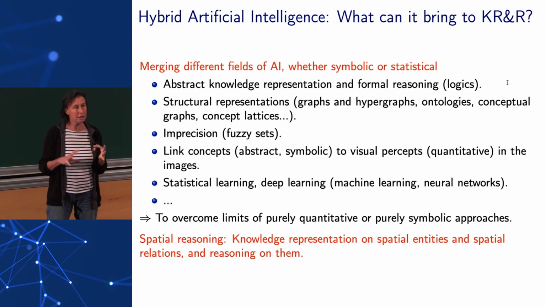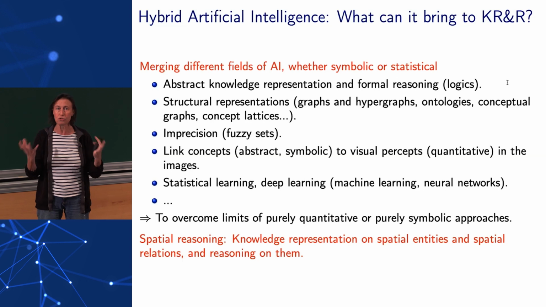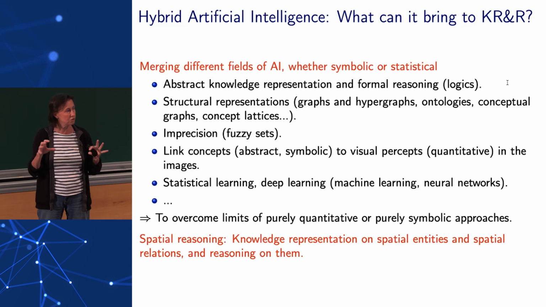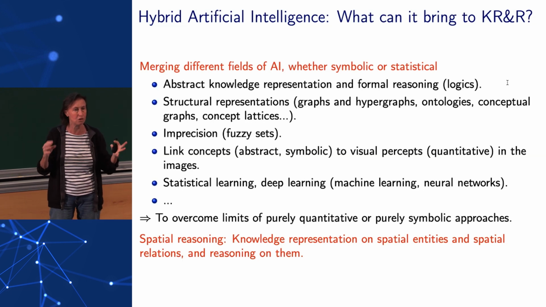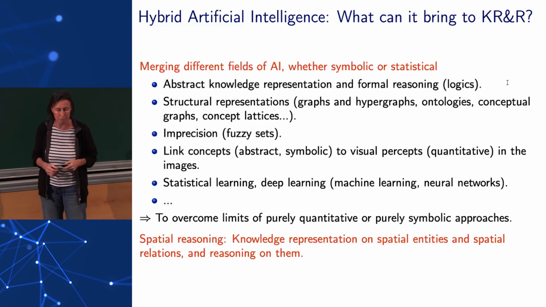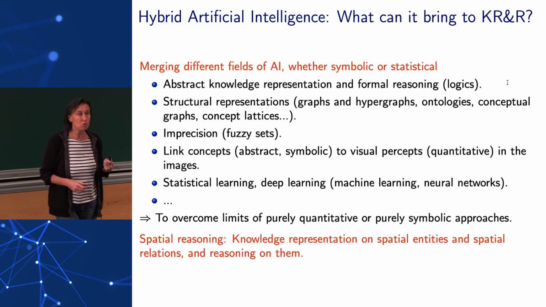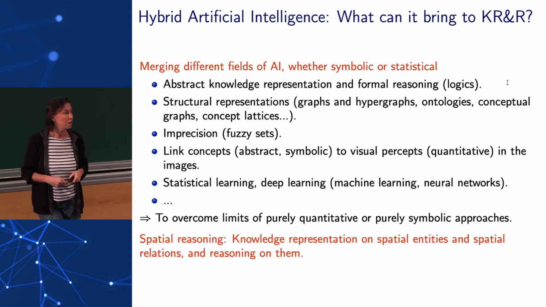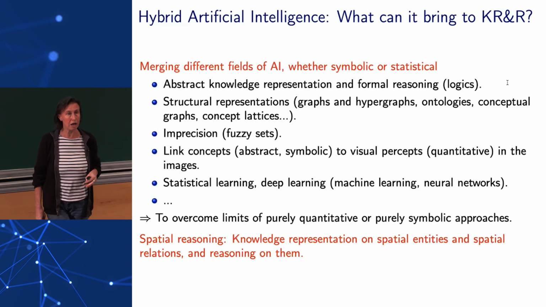Then if we are interested in assessing the structure of a scene, to see how objects in a scene are arranged in space in order to have a more global understanding of the image, we can make use of structural representations such as graphs or hypergraphs.